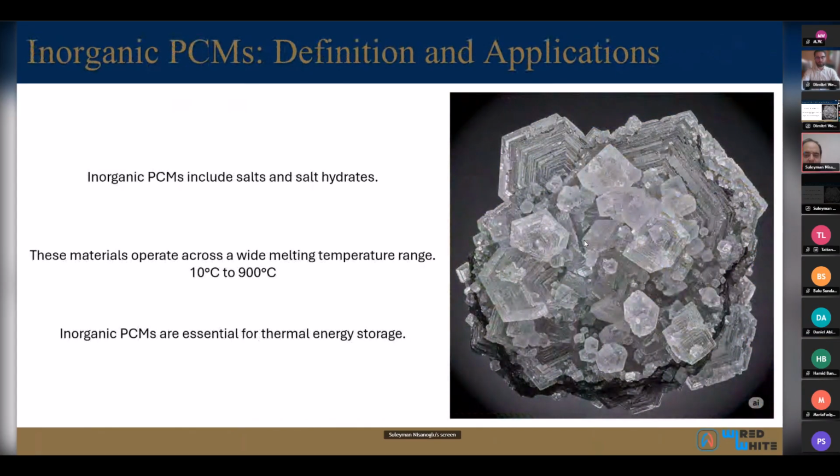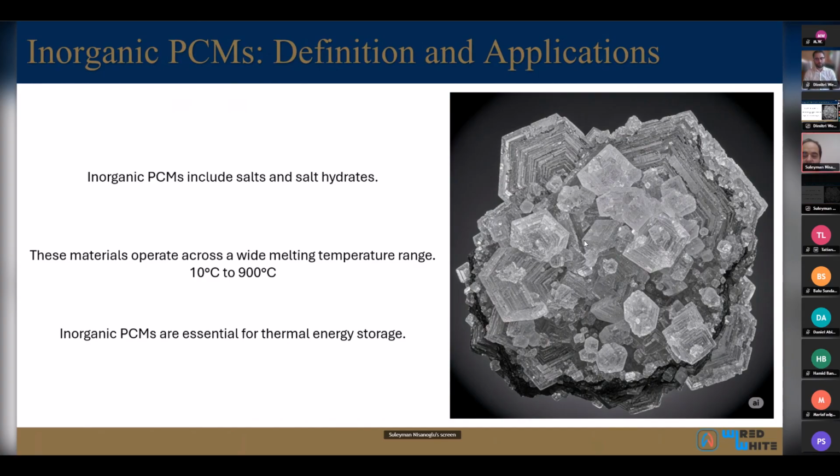Another phase change material is inorganic. Inorganic phase change materials mainly consist of salts and salt hydrates. These materials operate over a wide melting range, such as 10 Celsius to 900 Celsius.